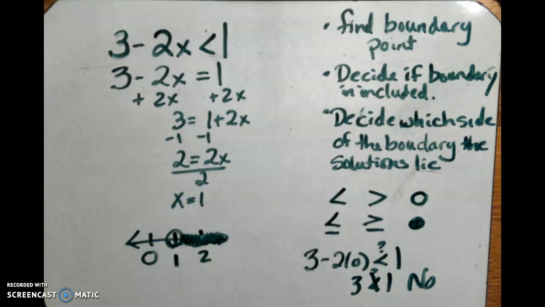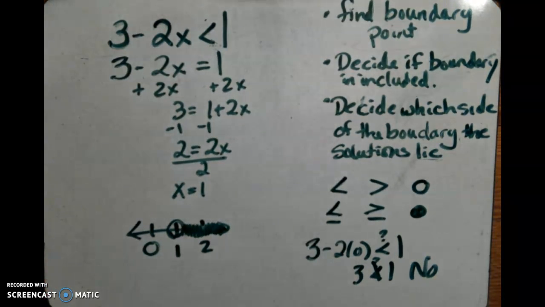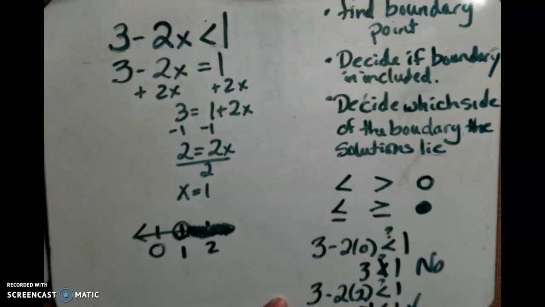Now, I like to check just to make sure, so I would plug in a 2 into that inequality and just make sure that it really does make that statement true. And I plug in 3 minus 2 times 2. Is that really less than 1? Well, 2 times 2 is 4, and 3 minus 4 is negative 1. Is negative 1 less than 1? Yes, it is.